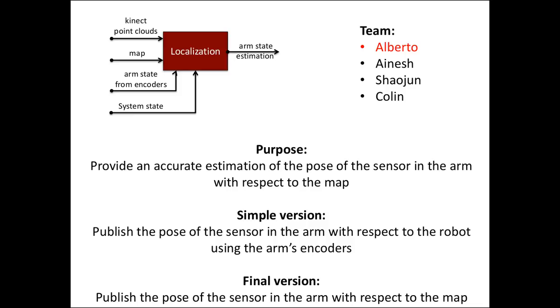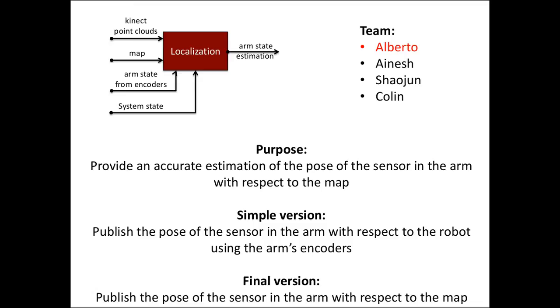So the purpose of this model is to tell where the sensor in the arm is with respect to the map. The sensor in the arm is fixed to the last part of the arm and moves together with it. In the simple version, this localization model will only publish the pose of the sensor in the arm with respect to the robot, not with respect to the map, and it will use the arm encoders to do that.